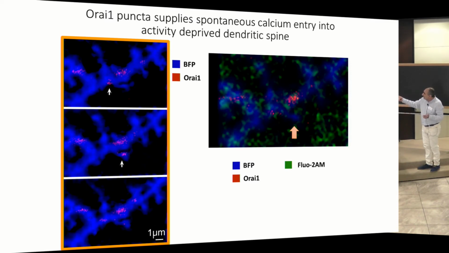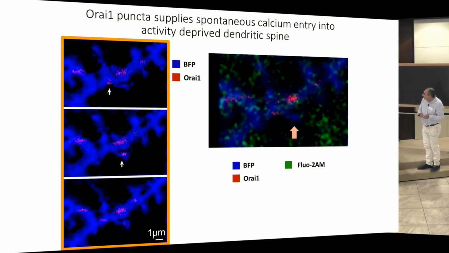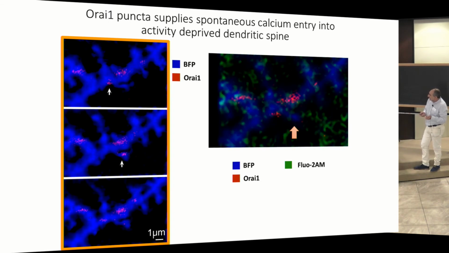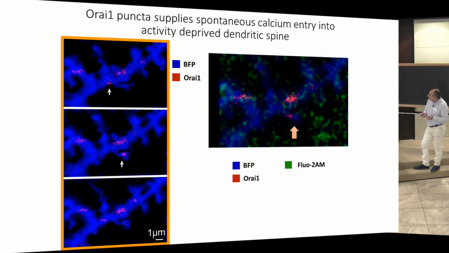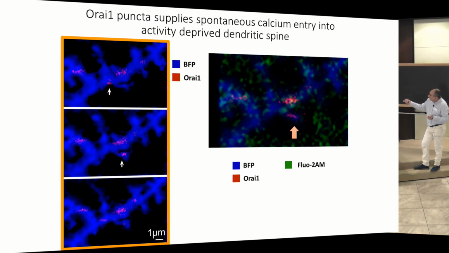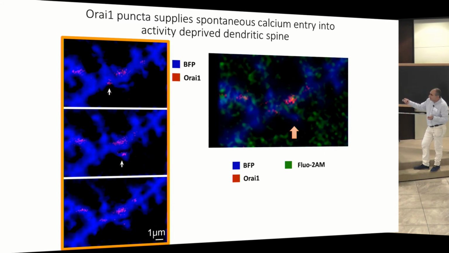Once again, red is ORI, blue is some spine, green is calcium here. You will see that ORI enters the spine at some moment, and you can see that calcium goes up in the spine and then it leaves.